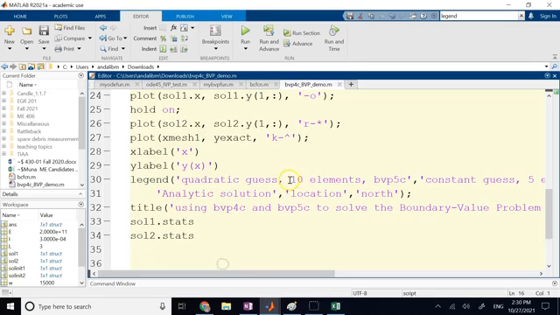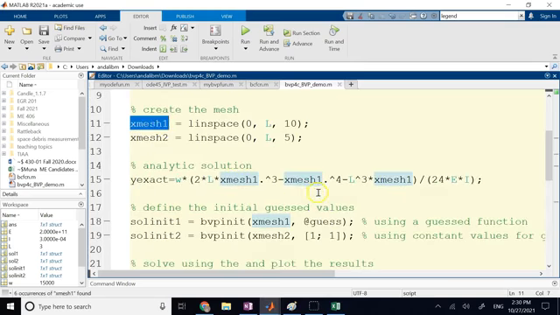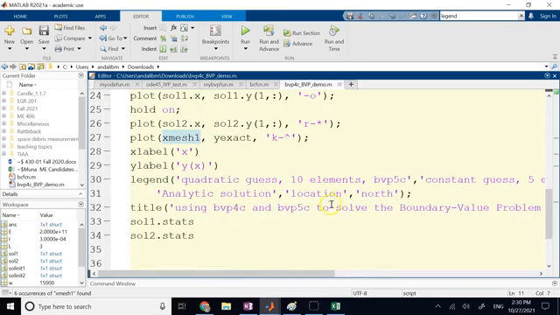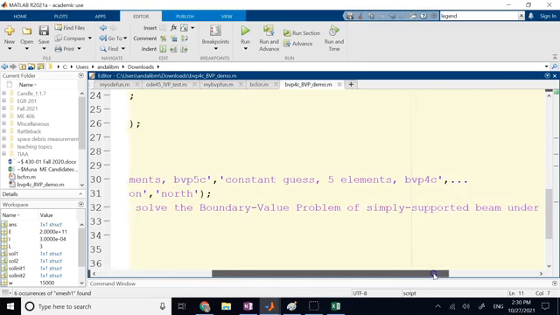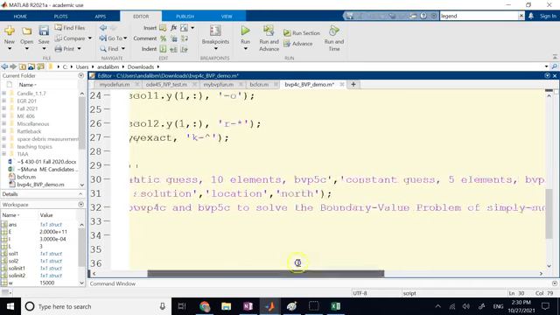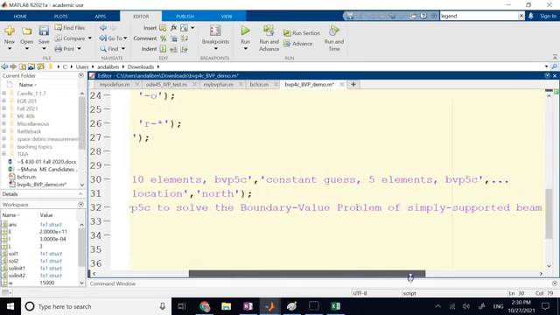the bvp4c, right? As you clearly see, I passed here solution 1, actually it's bvp4c. So I passed the better mesh to the weaker solver, and I passed the bad mesh to the better solver. So this is 5, this is 4.